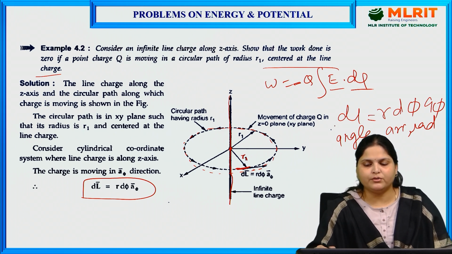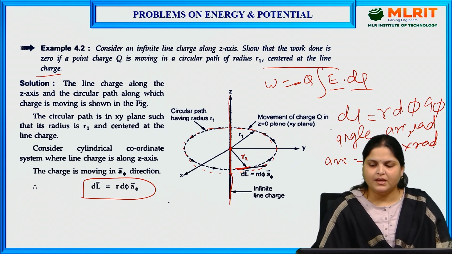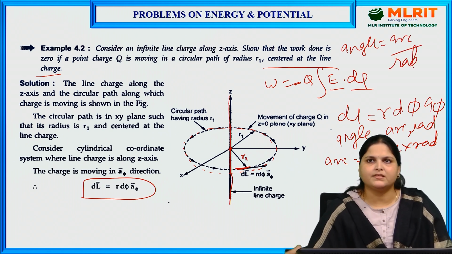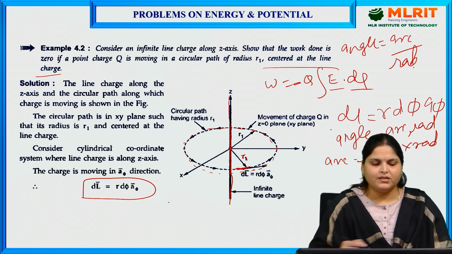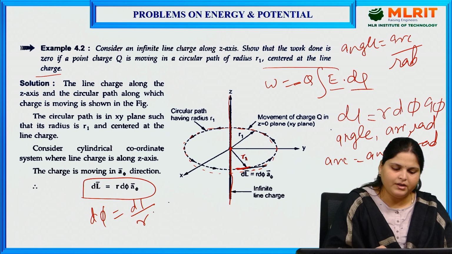According to that formula, arc is equal to angle into radius, or we can say angle is equal to arc upon radius. So this becomes d phi is equal to dl upon r, okay?